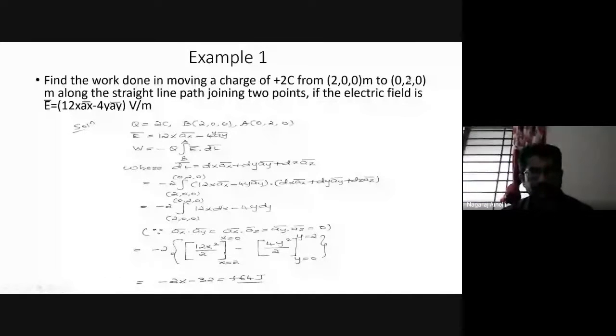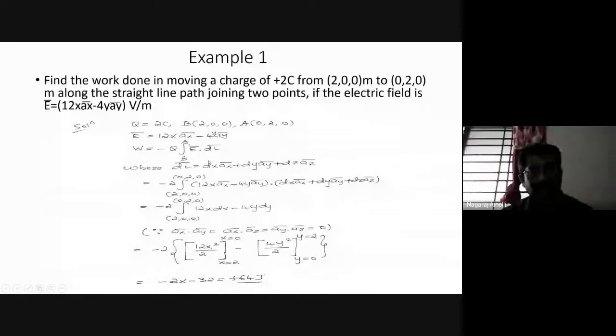E bar is given as 12x AX bar minus 4y AY bar. Write the formula for the work done. Just now we have derived that formula. The derivation is important, they can ask it in an examination. Work done is given by minus Q integral B to A E bar dot DL bar. This is our formula.